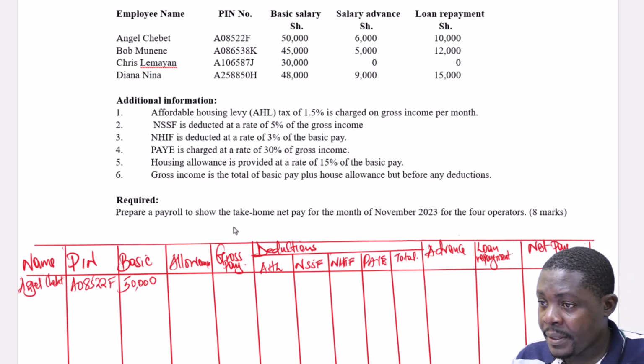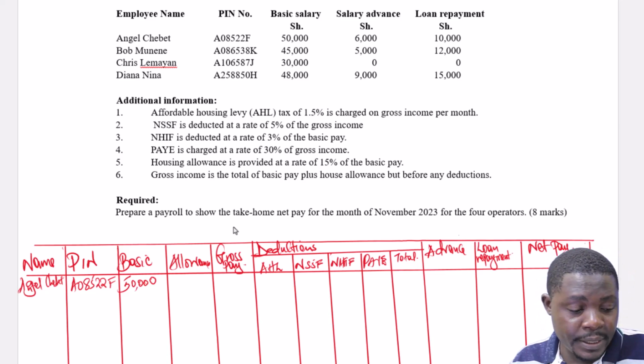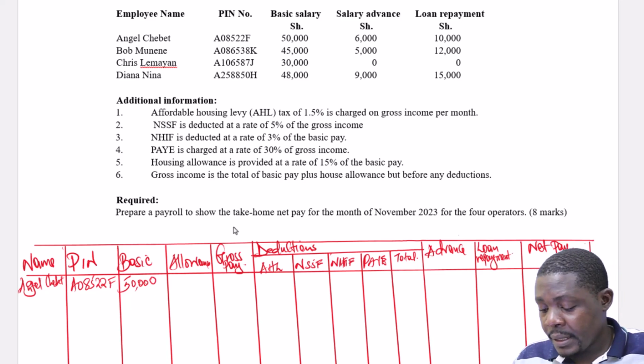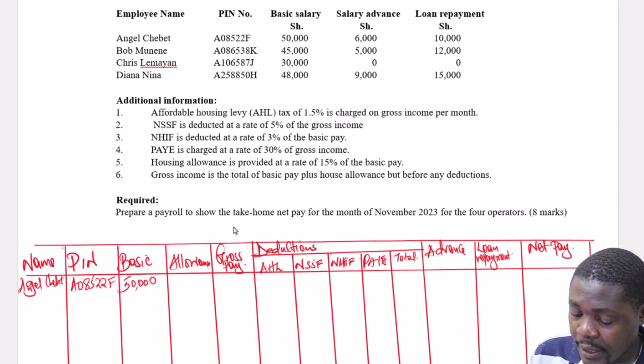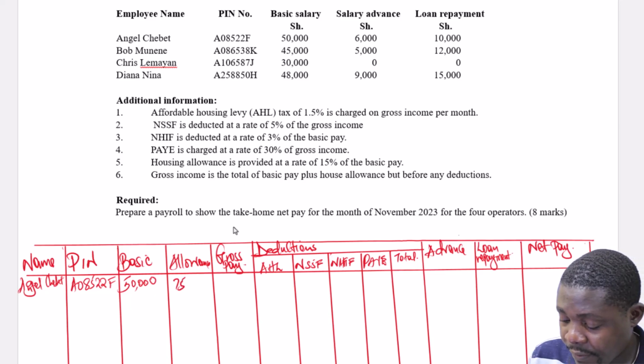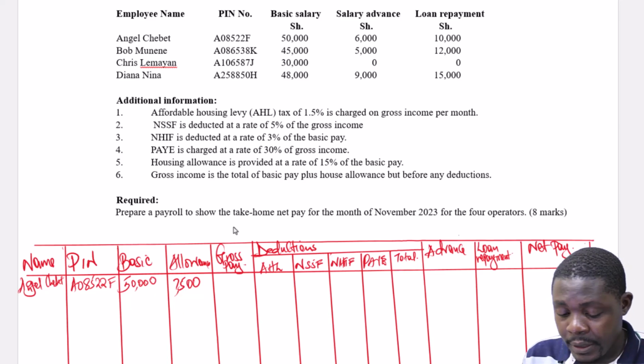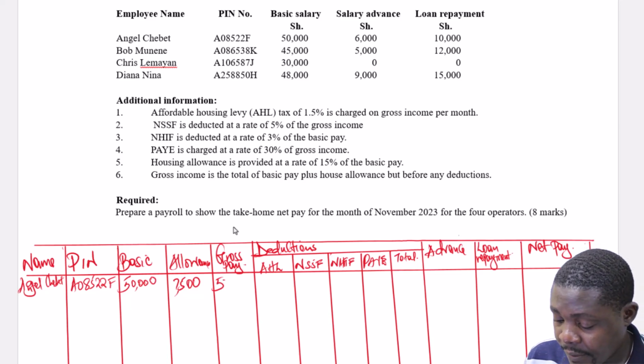House allowance is provided at 15% of the basic. Now we can determine the house allowance, 0.15 multiplied by 50,000, getting an allowance of 7,500. Then the gross pay, we take that plus 50,000. That is 57,500.